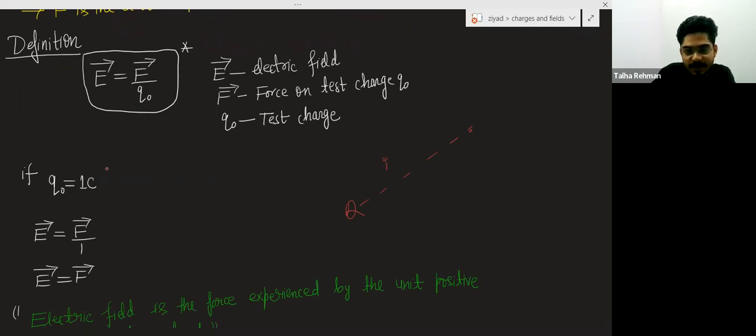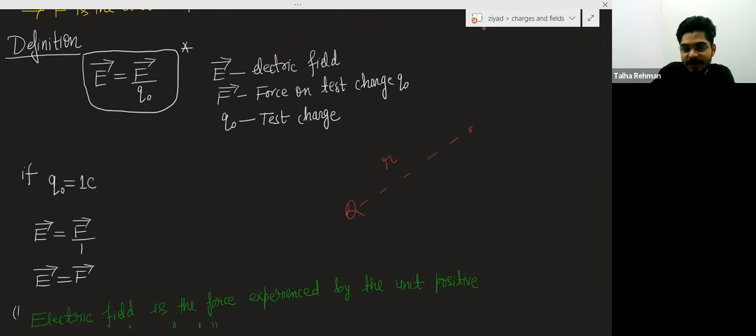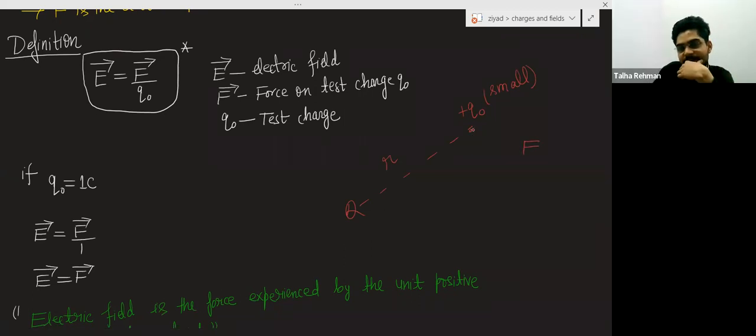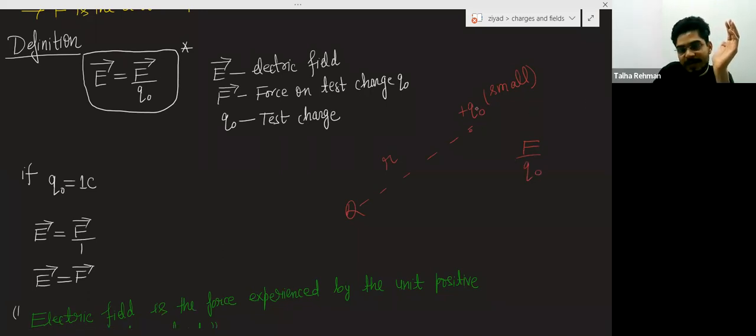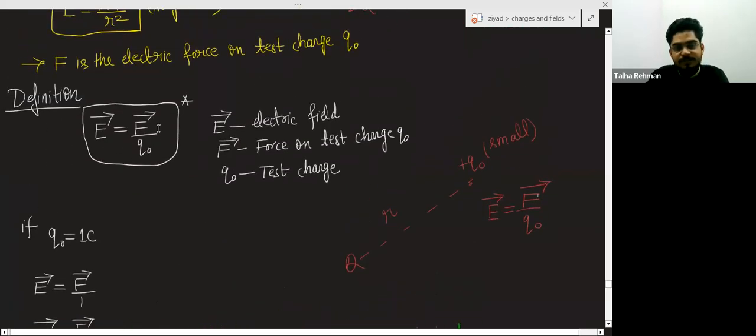What should you do? Assume a positive test charge here, which should be small, calculate the force on this charge and divide this force by the charge itself, Q naught. So you will get the electric field strength there. Electric field is a vector quantity, and force is also a vector quantity. So this formula is there.